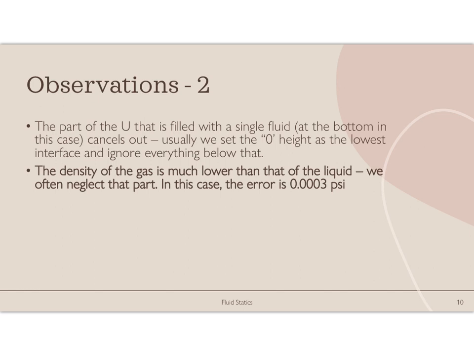Second, the density of the gas was so much smaller than that of the liquid, and so often we neglect that part. Don't even bother writing it down. In that case, the error, if you used it or didn't use it, is 0.0003 psi. We're talking about something that was much larger than that. Again, we wouldn't notice that.